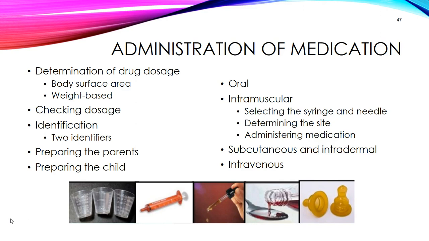If you give them 4 ounces of juice and mix the medication in, and they drink only 2 ounces and refuse to take the rest, yes, they took half of it, but you don't know if they actually got half of the medication depending on how it was mixed, and you can't dose comparatively to hope you can give the right amount. So ideally, it shouldn't be mixed with anything.